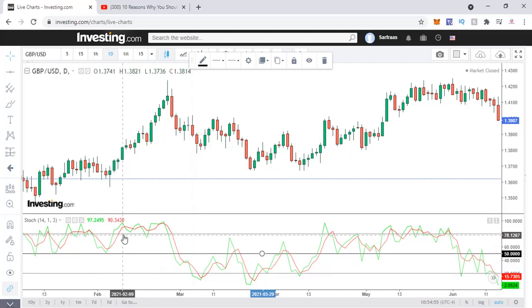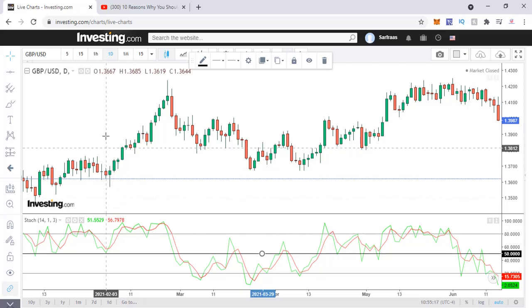Now if you take an example over here, the market has started moving in the overbought zone. If you exit over here at 1.37, you're going to miss the entire rally over here. So if you exit just because it has moved in, as I mentioned to you, the market can stay in an overbought or oversold zone for days and months.